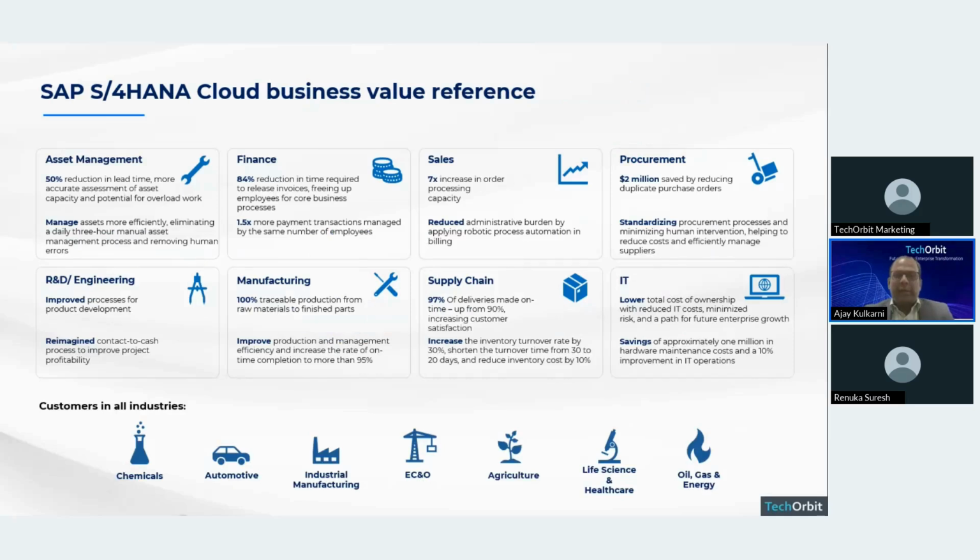If I look at it from a business value, typically a question comes in: what's in it for me? If I am working now with an ERP, what would I be looking at as business value if I am going to S4HANA Cloud? Now, there is a lot of consulting and other things involved in this. But overall, there is a huge reduction in your operational cost.